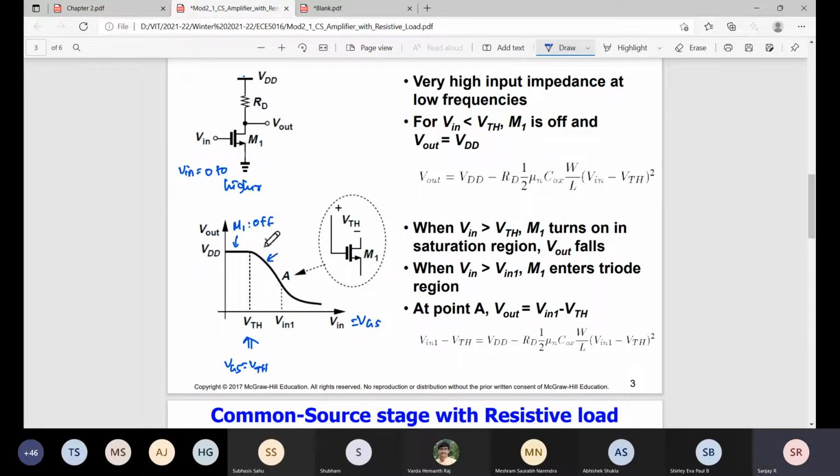So M1 is on. What is the operating region? For deciding the operating region, we need to think about VGD, or simply VDG. What is the gate voltage? Let's take VTH. What is the drain voltage? At this point it is VDD. It should be lesser than the threshold. Is it lesser than the threshold?